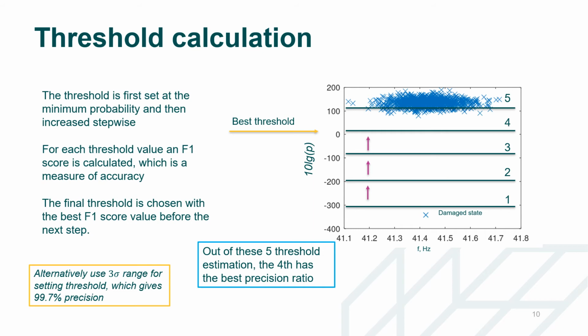For each threshold value, an F1 score is calculated, which is a better way to measure accuracy. The final threshold is chosen with the best F1 score value. As you can see in the shown example, first 4 thresholds have good accuracy, then the 5th threshold does not, which makes the 4th one the optimal option.